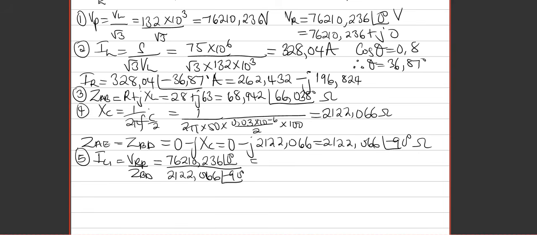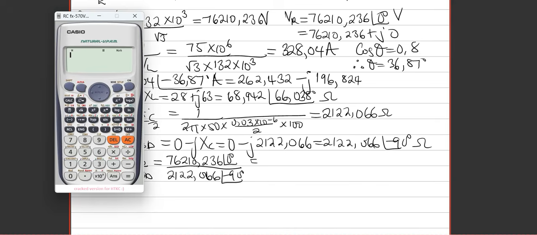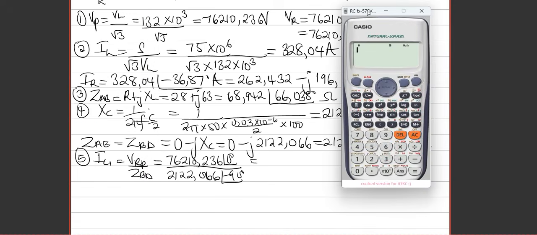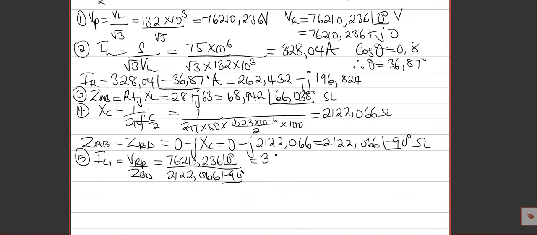Then from here, 76210,236 divided by 22,066 gives us 35,913. At the angle 0 minus 90, it's going to be positive 90.